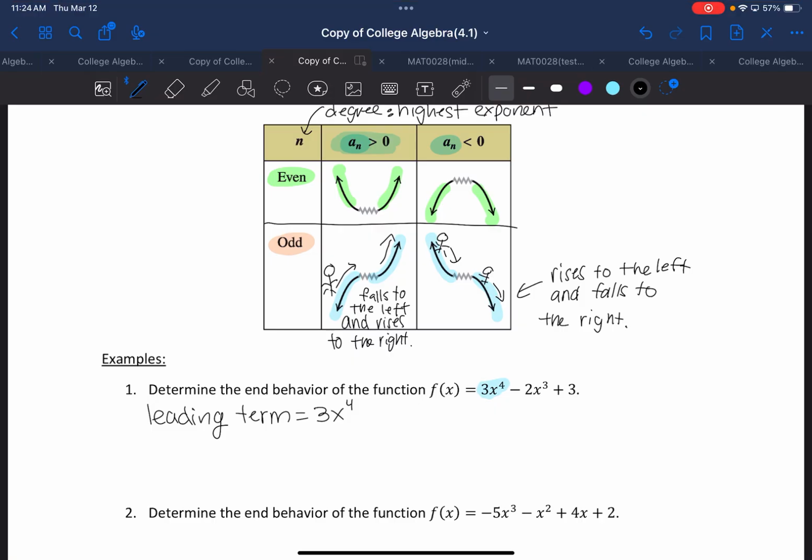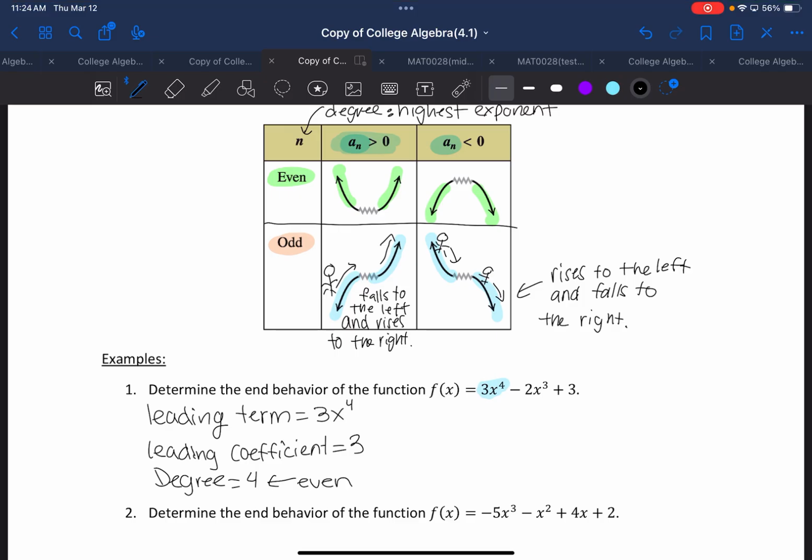Nothing else matters. The leading coefficient is 3, and the degree is 4. It's the highest exponent, and that's even.